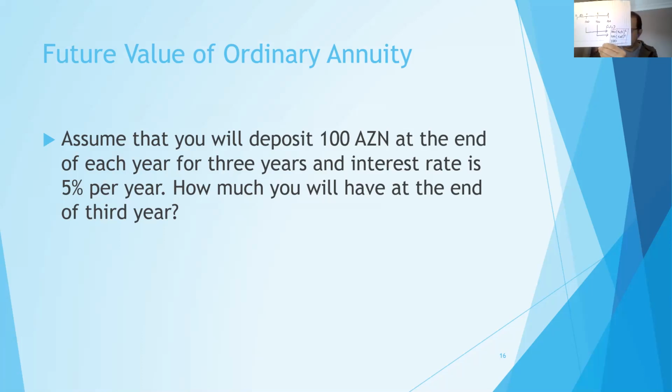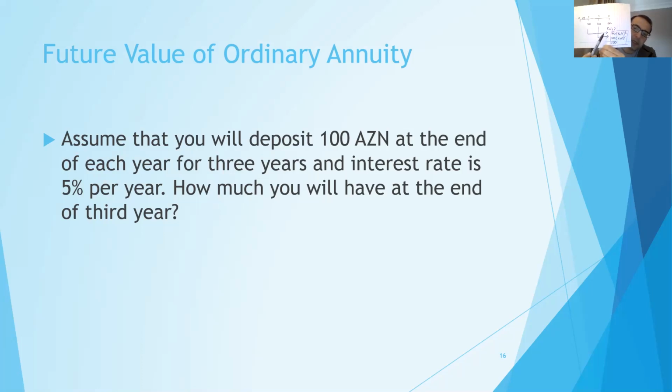I'm carrying forward all cash flows. The first one we have 2 periods, so I did it twice. The second one we have only 1 period, so I compounded for 1 year, and the last one is already 100. The future value of 100, it's already given.